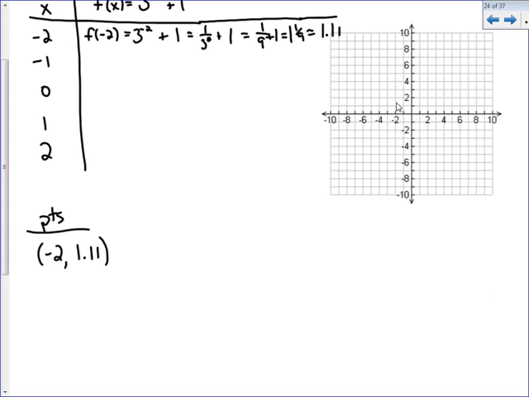We're not launching rockets off these graphs, we're approximating. So it's going to be -2 and then up a little bit above 1. That's a 1.1.